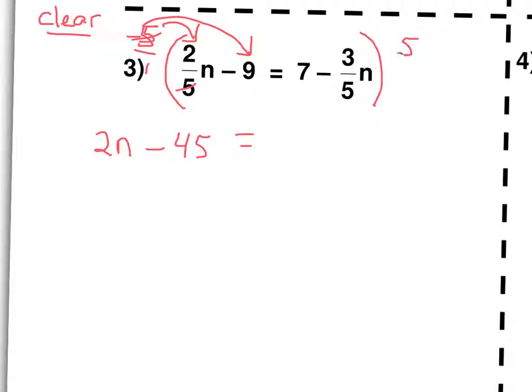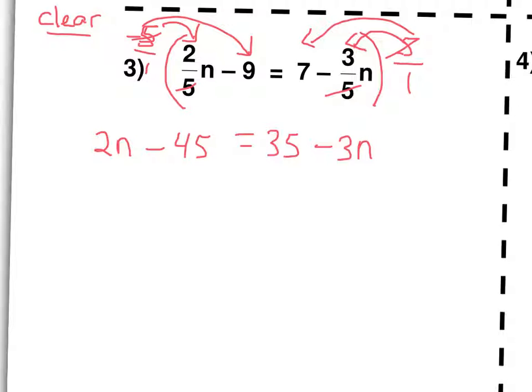Whatever I do to one side, I have to do to the other. So I do 5 times 7, that's 35. And then I'm going to do 5 times a negative 3/5. Well, if I have a 1 here, the 5s will cancel, and I'll get negative 3 and bring down your n. So now I've rewritten this equation by eliminating the denominator in the fraction.